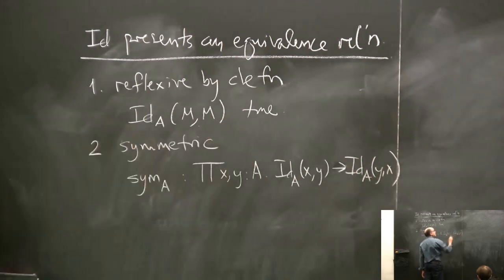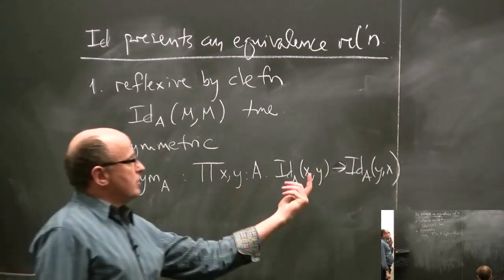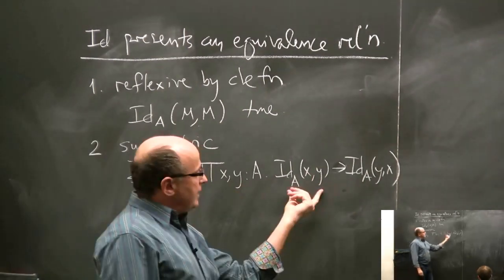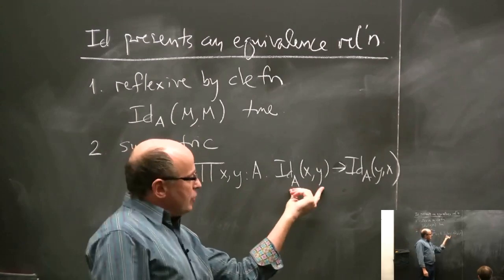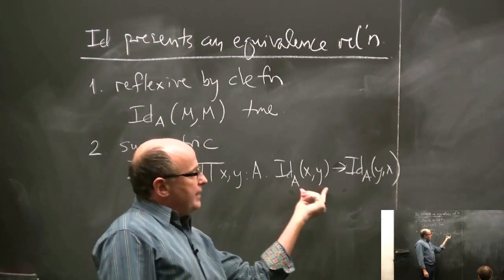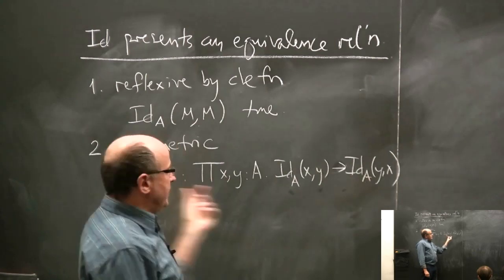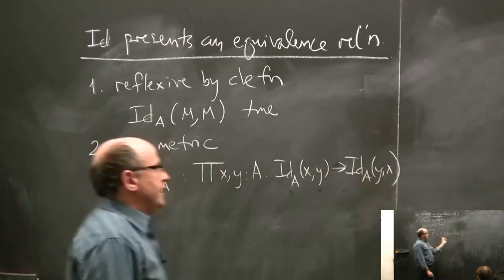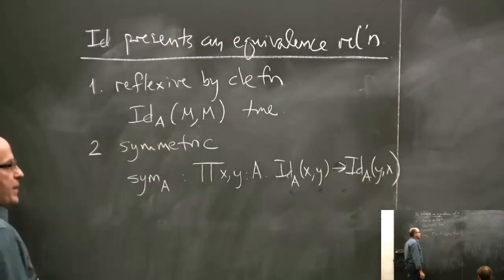That's an arrow there that I'm writing. So the idea is that if you take an identification, or a path, or a proof, whatever word you use here, it has some correlated proof that reverses the arrow.